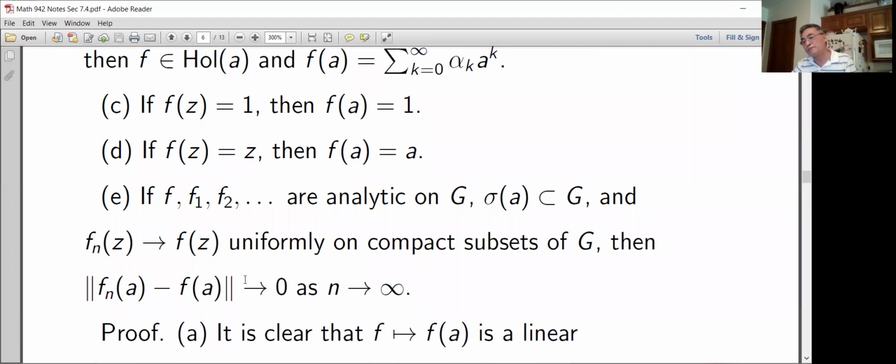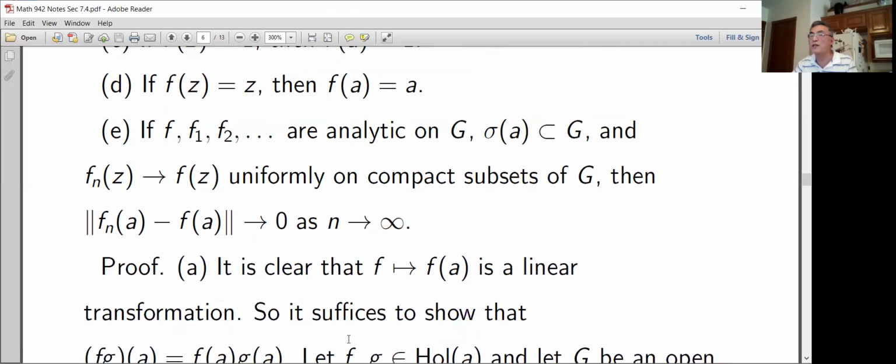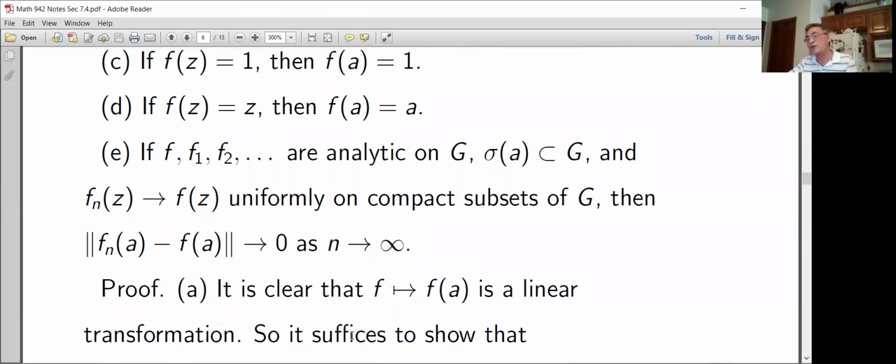Proof. A, it is clear that f maps to f of A is a linear transformation. So that part we don't have to prove. The only thing we need to prove is that it maps products to products.